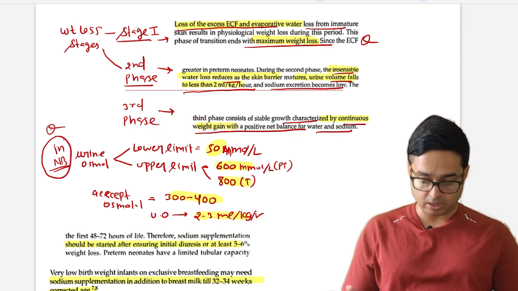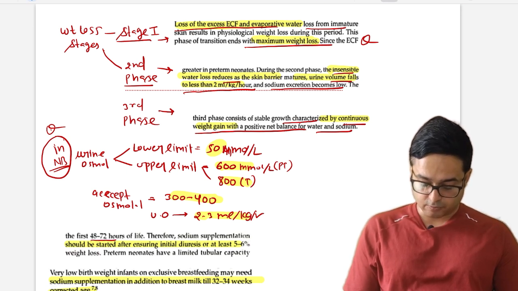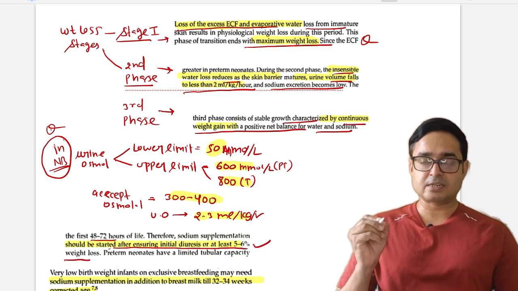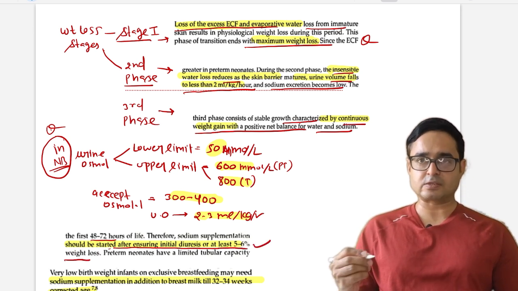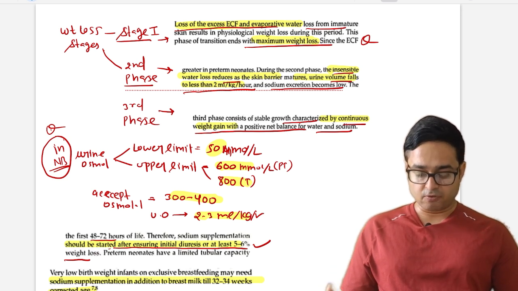Okay, so therefore, after 48 to 72 hours, sodium supplementation should be started after initial diuresis or at least 5 to 6% of weight loss. When will you start sodium in newborn? As we all know, after 48 to 72 hours. Why?